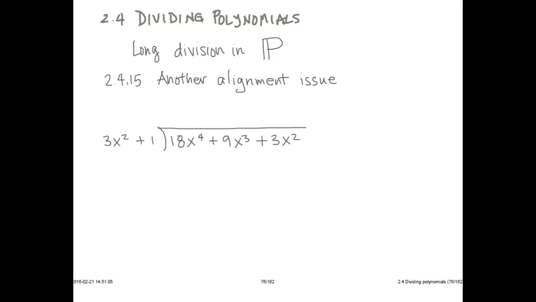Okay, here's another one. Now, observe in the divisor in this case, I don't have a term for x to the power 1. So, here's what I do. As usual, I look at how the first two terms are related. They're related by this 6x squared. And I write that down, and folks, I leave a gap.